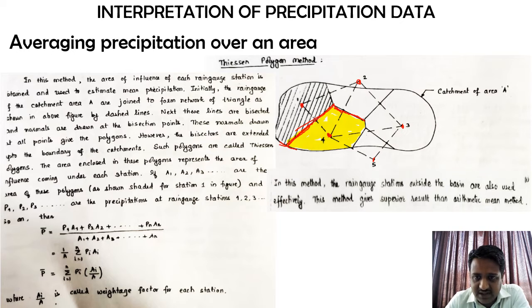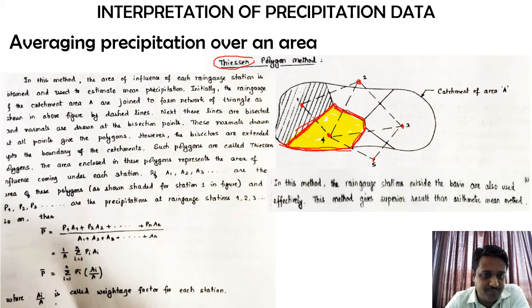Similarly we did this small bisection, and this is touching the end of the catchment area. So we have this polygon, which is not of a regular shape but of irregular shape. This is how the polygons, which we call Thiessen polygons, are created for the determination of effective area.